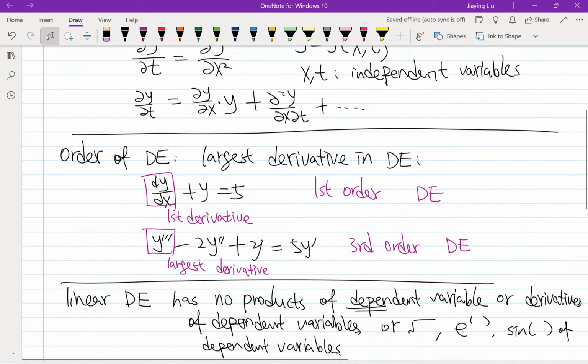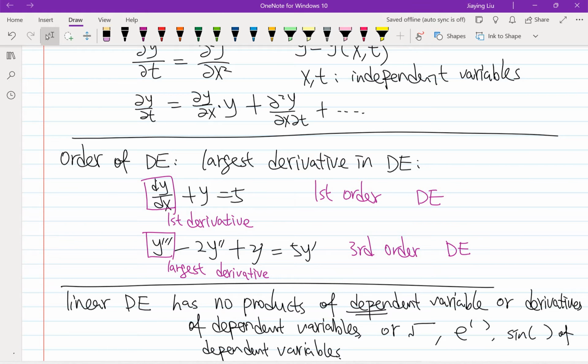A linear differential equation is something like this. When you have just y prime, the derivative of y by itself, there's no power of this or product. Or maybe you have a constant, that's okay too. Or you have the second derivative multiplied by a constant, but the second derivative doesn't have a power, it's a linear term.